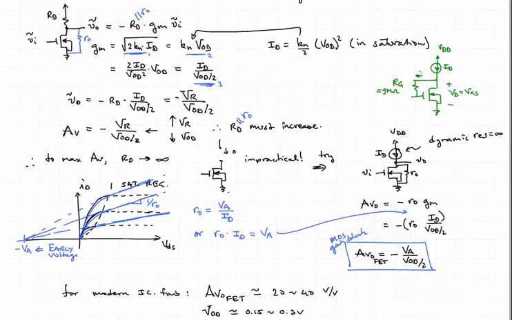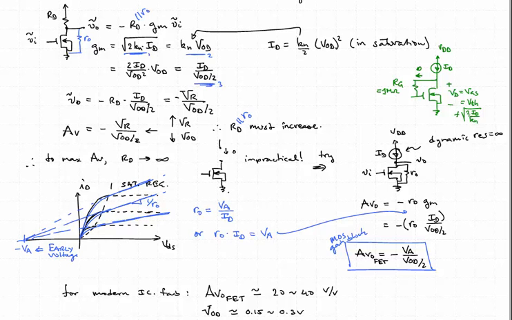There's no current flowing from the drain or into the gate. And so VD is equal to VGS, which is equal to V threshold plus the square root of 2ID over Kn. Okay, so that would be your bias point.